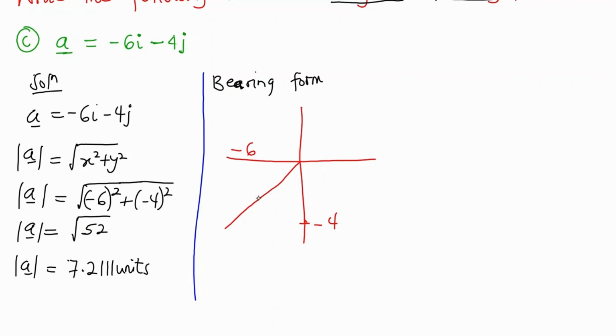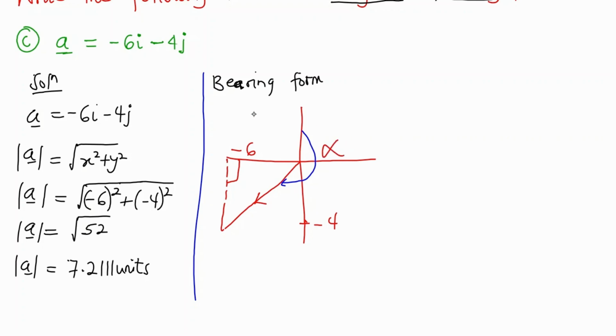So you have this here. This is our vector A. Now we can also close it to have our right angle triangle here. And when we talk about the bearing, we are considering the direction from the north pole, or the positive y-axis, to where the vector is in the clockwise movement. So here becomes alpha.